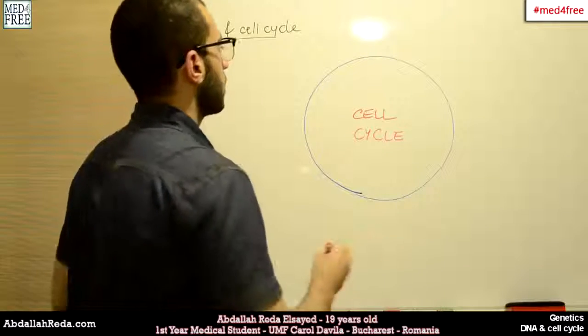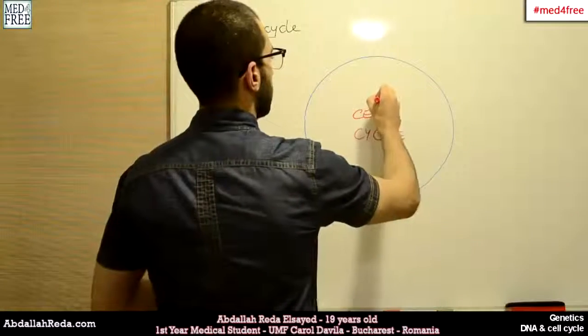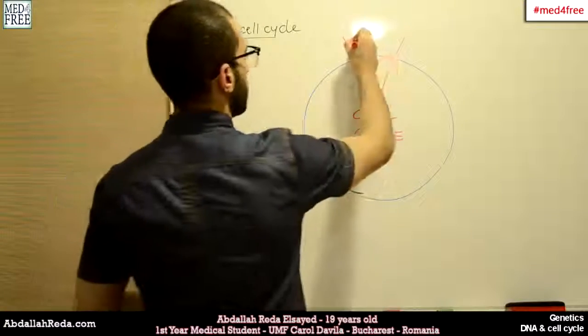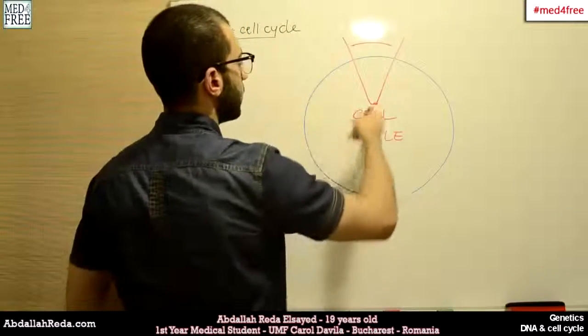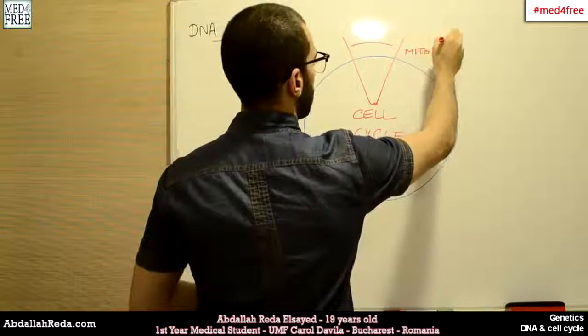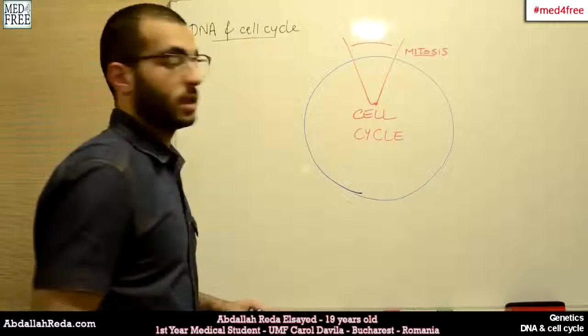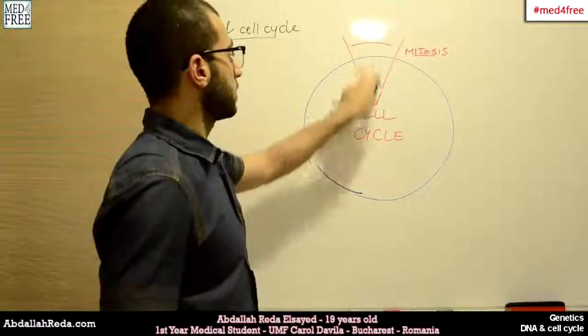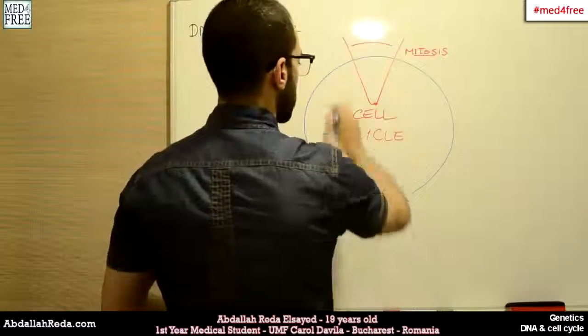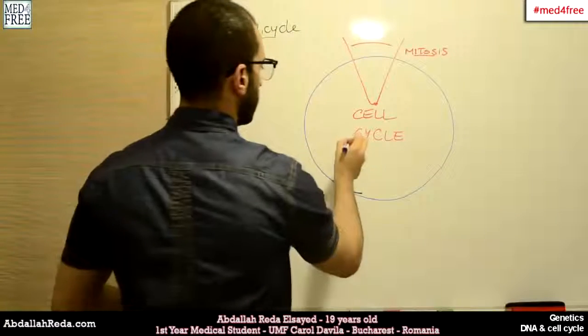So this portion of the cell cycle is where mitosis or cell division happens, this area. And the rest of the cell cycle is the interphase.